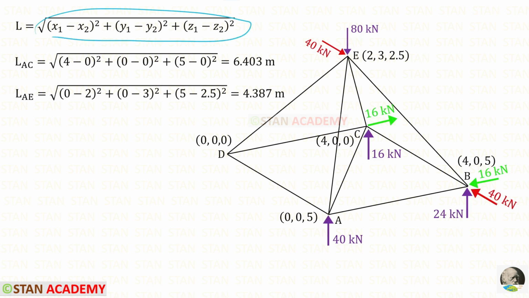Using this formula for the length of AC, we will get 6.403 meter, and for the length of AE, we will get 4.387 meter. Point E is located in the center, so the length of ED, length of AE, length of CE, and length of BE will be same, and it will be 4.387 meter.